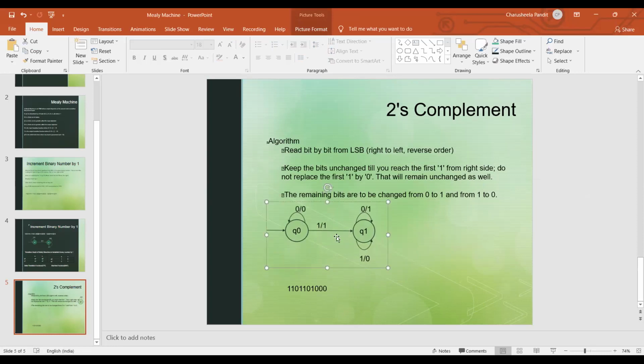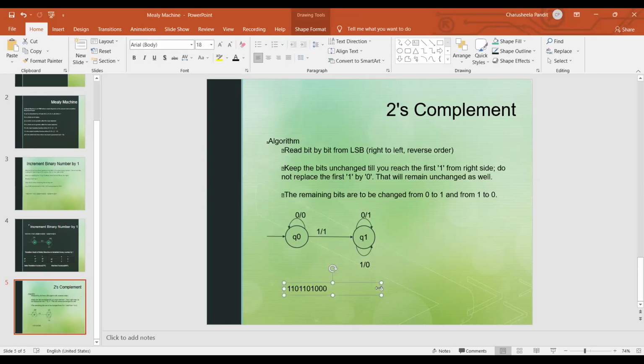So this is how your Mealy machine for the two's complement will be constructed.